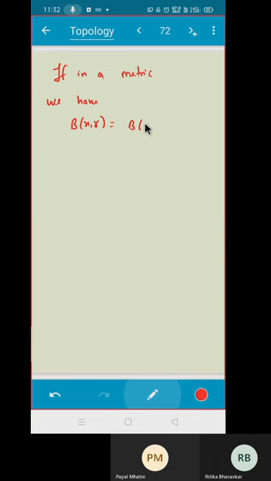What do you think? Take some time, think about it and tell me. You have to give me a counter example. If you don't think so, then give me some set where x is equal to y and something like that. Read the question properly, take some time, and then give me the counter example.